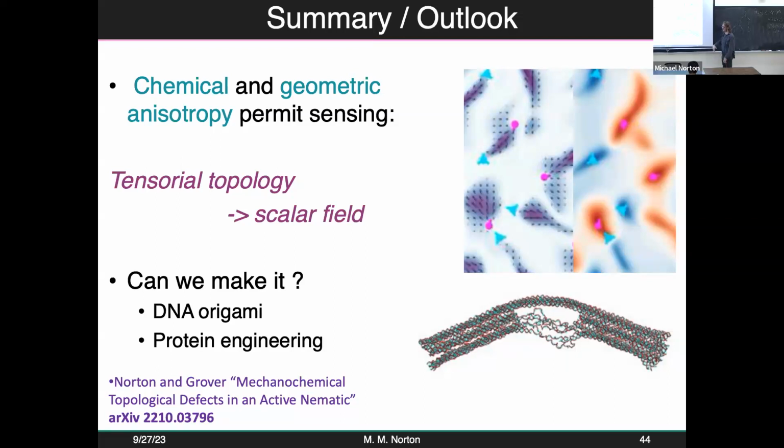Instead of activating where you have bend, you activate where you have splay, and then maybe instead of being oriented along the nematic director, they're oriented perpendicular or something. I think it can work either way. I don't think it necessarily has to change whether the system is extensile or contractile. This only cares about what the director field looks like. It doesn't care about where the activity is.